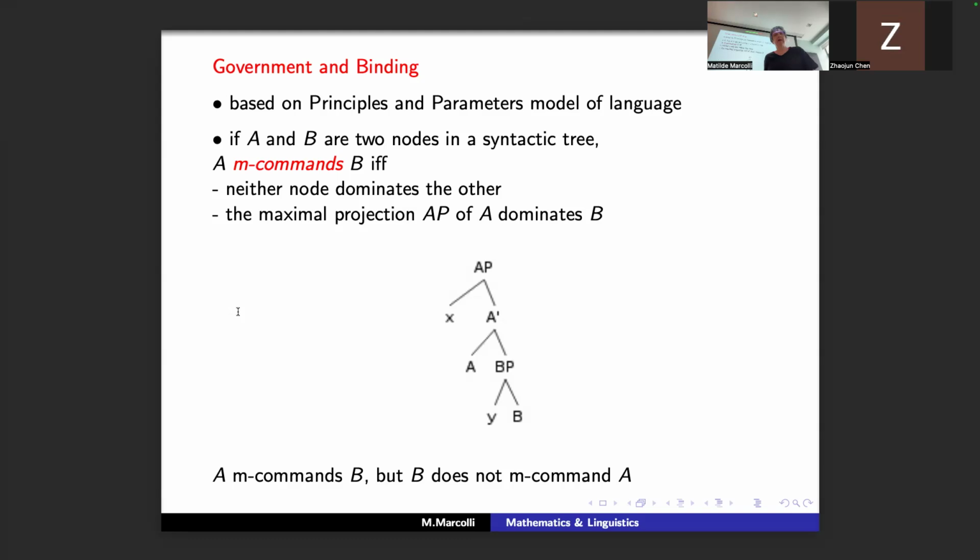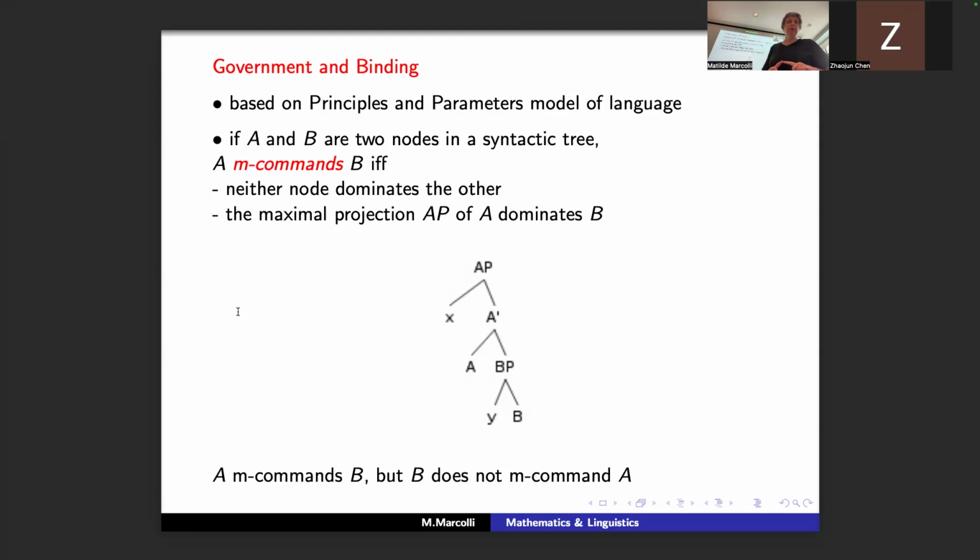Okay, so what is meant by government and binding in this principles and parameters model of language is certain structural relations between the trees, the syntactic parse trees of sentences. So there are two main kinds of dependency relations, so to speak, in syntactic trees.